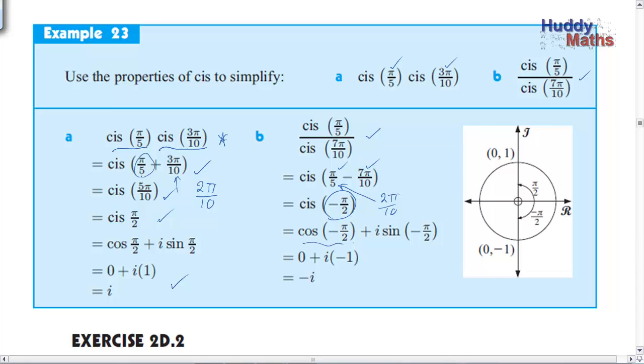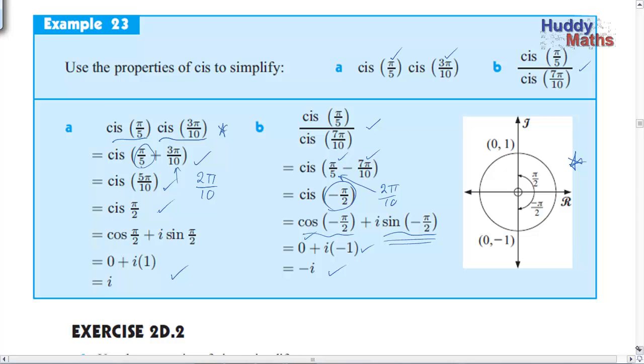And then if we do cos plus i sine, the cos of negative pi on 2 is 0, the sine of negative pi on 2 is negative 1, so we've got negative i. Okay, interesting, isn't it? Keep your mind clear on this, just be able to flick from one form to the other. And really, it's important to look at diagrams and see what's happening there.